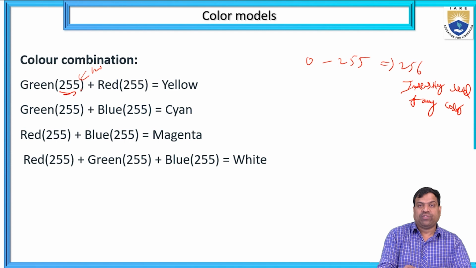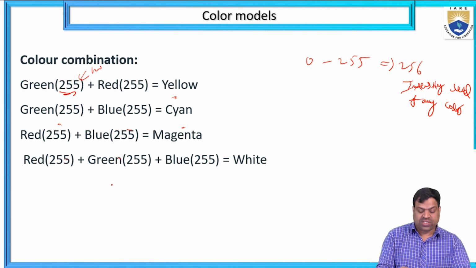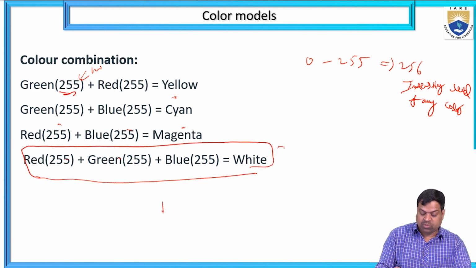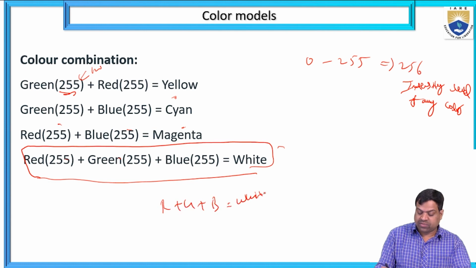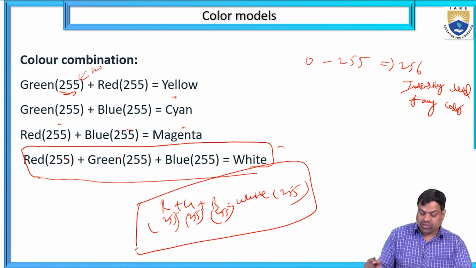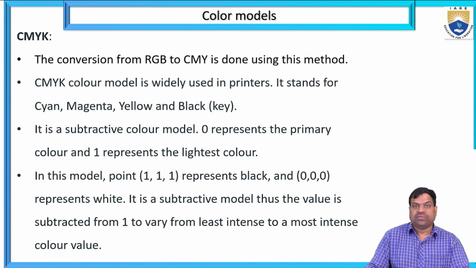Complete green plus complete blue equals cyan. Complete red plus complete blue equals magenta. Red plus green plus blue equals white, which is 255. It is a color combination.